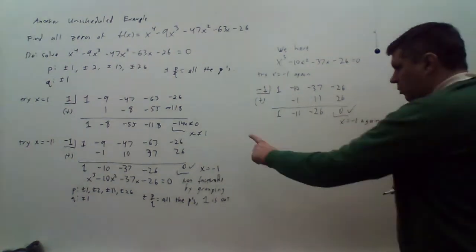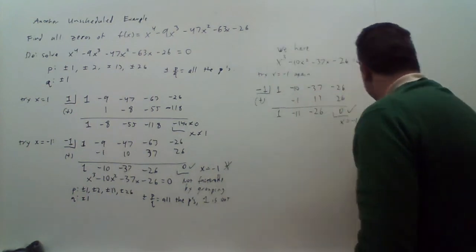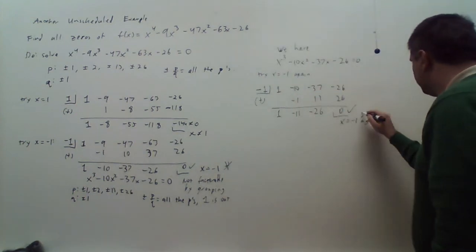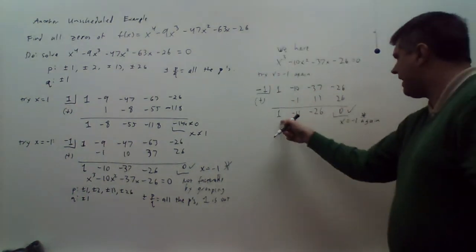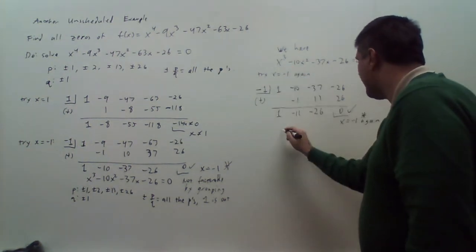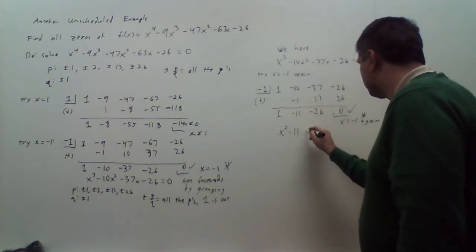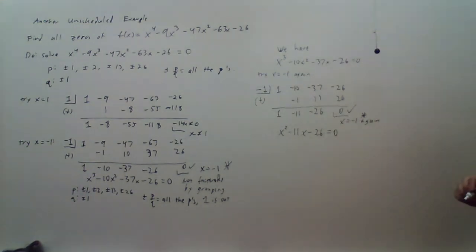It equaled 0 once before, and it happened again. So now, this was an x cubed, so this is 1x squared minus 11x minus 26 equals 0.